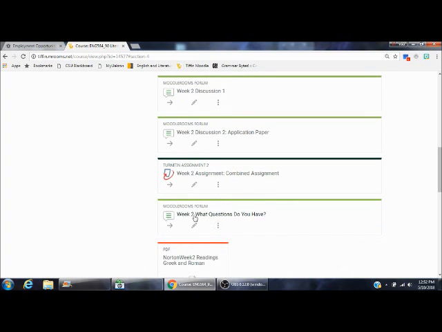Each week there's a discussion forum for what questions do you have. I check that all the time. If there's something that you don't understand about one of the readings, definitely put that up there. Other people as well as myself will be able to respond, and we can all learn and experience these texts together. So anything that you're unclear of, and some of these will get progressively more complicated, and things might be a little muddy for you.